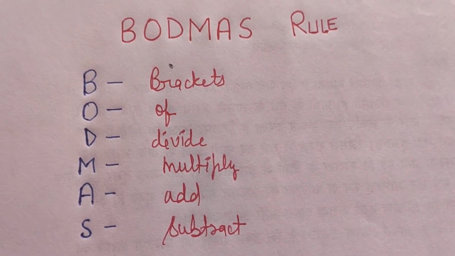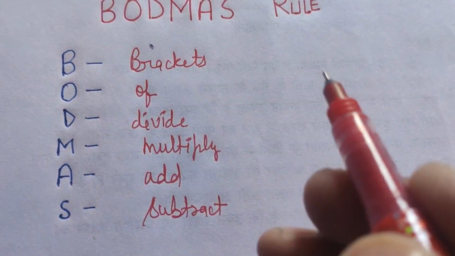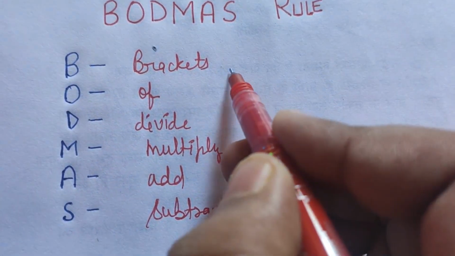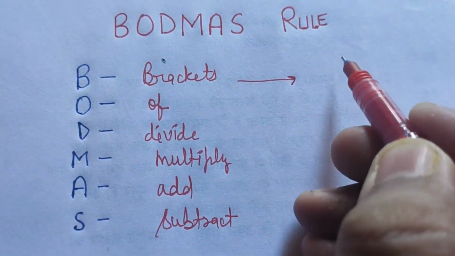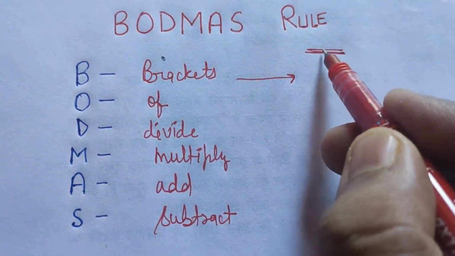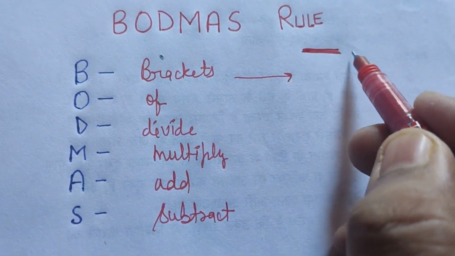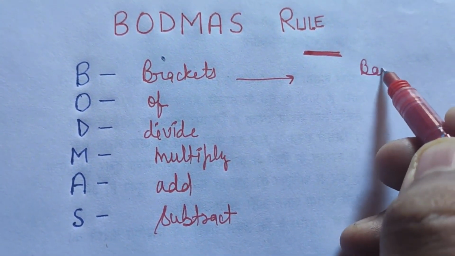Brackets are also of 4 types. First of all we will solve the bar bracket. This is a single bar on the numbers, and it will be solved first.